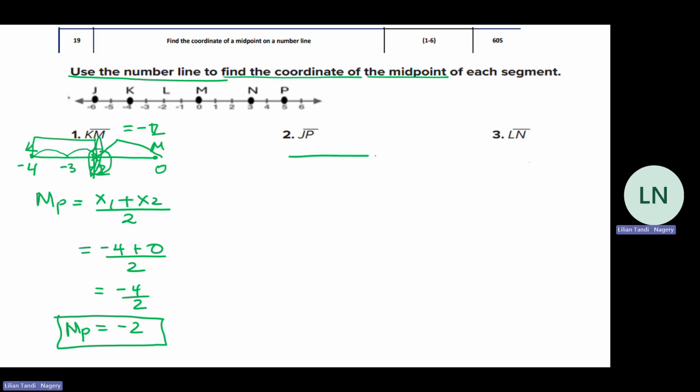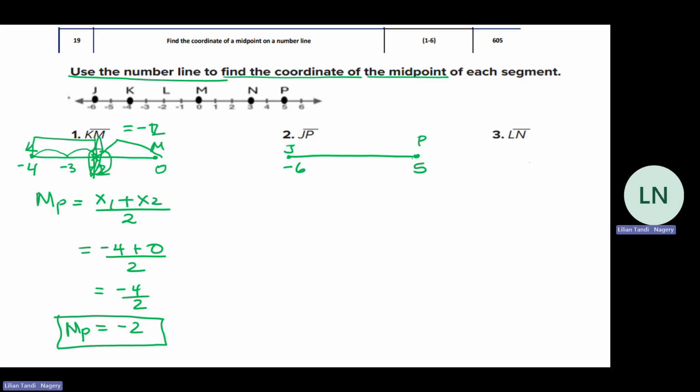Okay, let's try this one from J to P. -6 is at J, and P is at 5. The distance from here to here is 11 spaces.